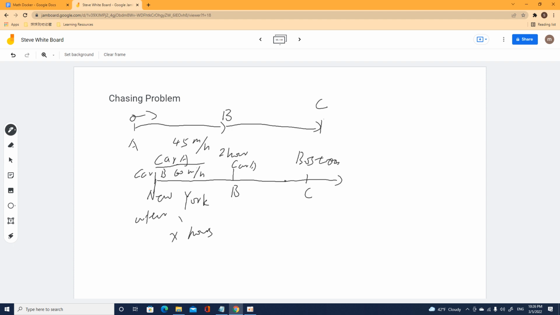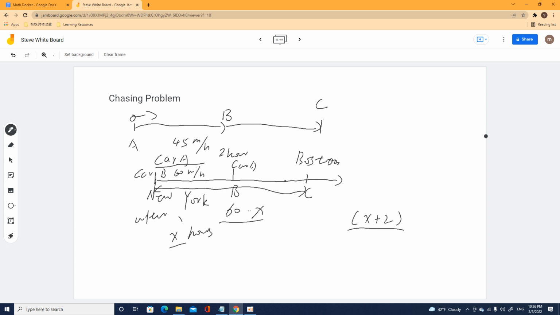For car B, it drives X hours in total. Its speed is 60 miles per hour. So car B drives 60 multiplied by X. That is the distance car B will drive. For car A, the total hours is X plus 2, because car A left 2 hours earlier than car B. So that is the time car A drives.